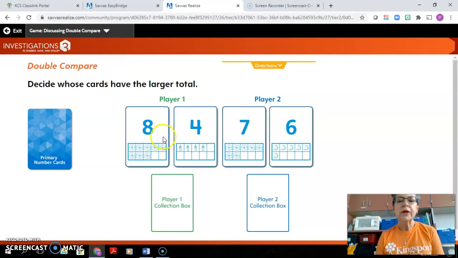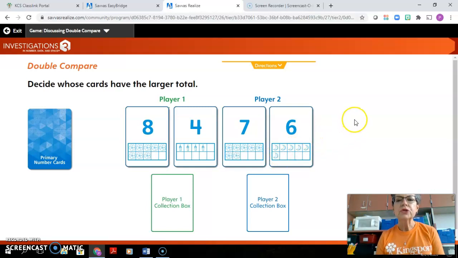So let's look at player 1. Player 1 has 8, and we're going to count on 9, 10, 11, 12. And let's look at player 2. Player 2 has 7, and we're going to count on 8, 9, 10, 11, 12, 13.